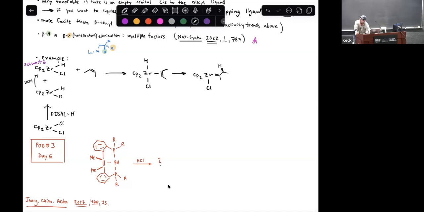Stop here. Use it in the reaction. What happens next? Beta hydride elimination. So if it beta hydride eliminates, that would be reasonable, then that would go back here.